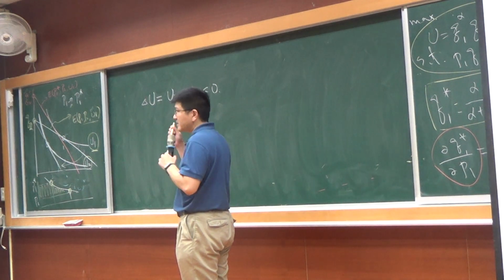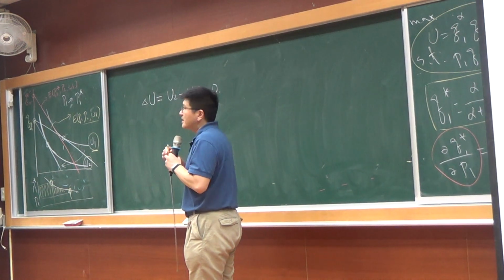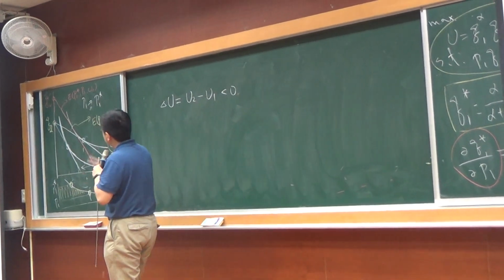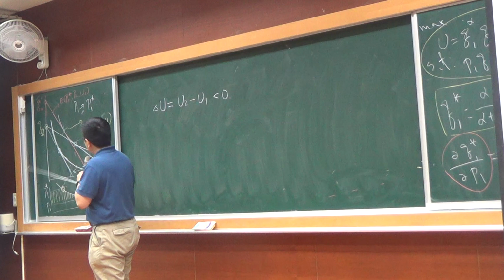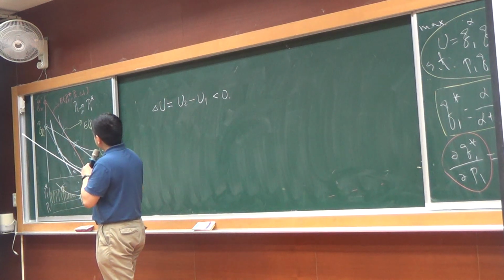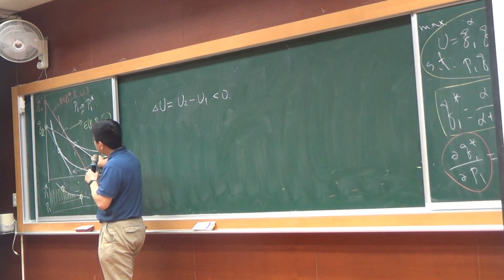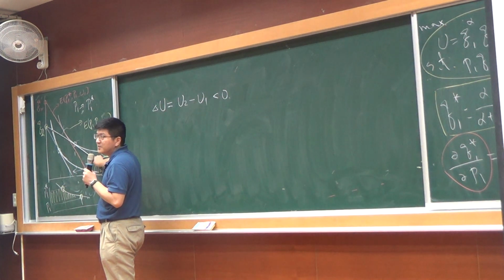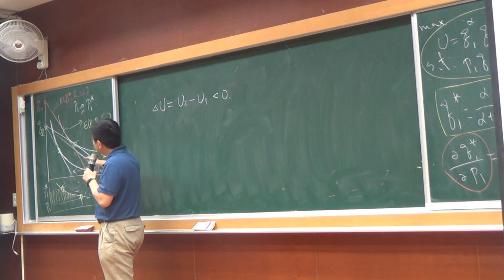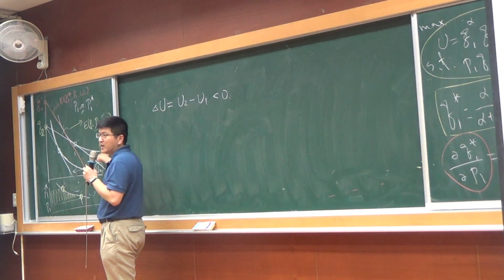Let's go over it again. Forget the red line now. Let's restart here. Initially, our budget line makes us achieve U1.